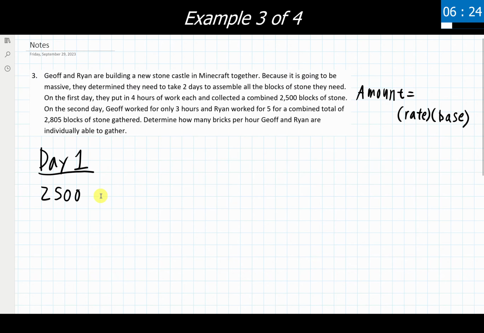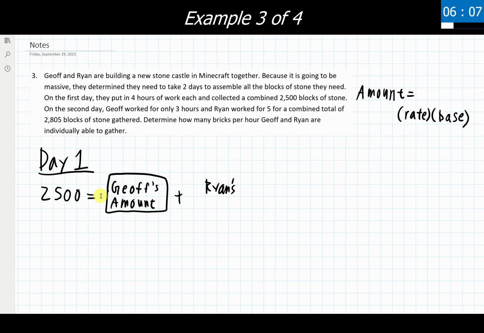We know that this is equal to, let's call it, Jeff's amount, because we don't know how much he gathered, but Jeff gathered some amount of stuff, plus Ryan's amount. We know Ryan gathered some amount of stone as well. So we have our very generalized setup here.